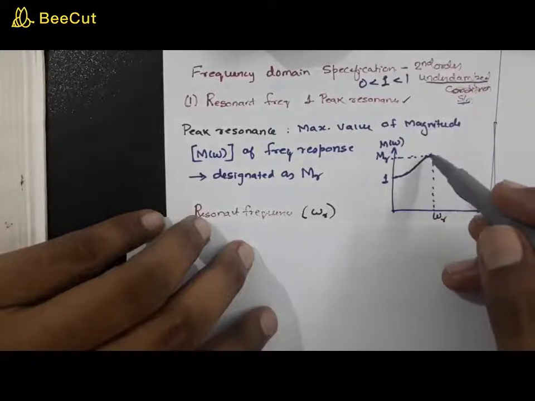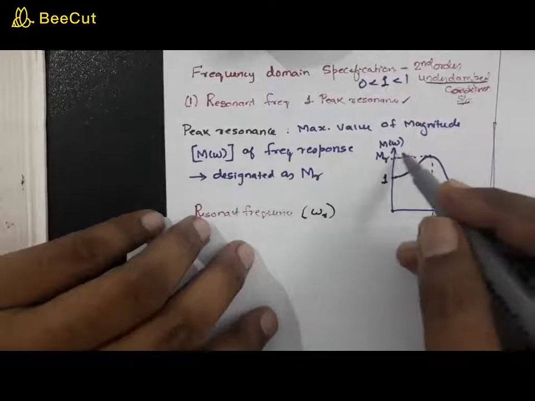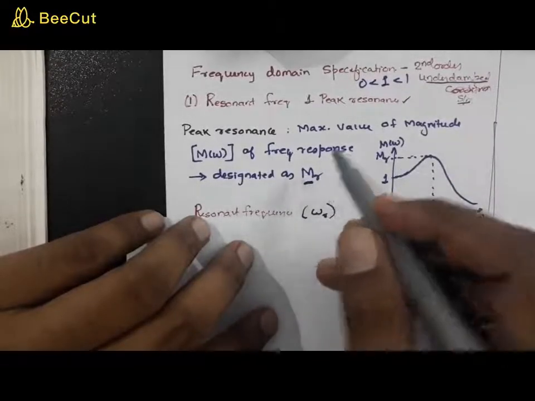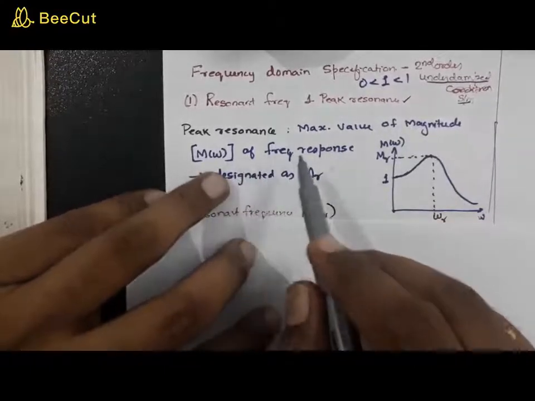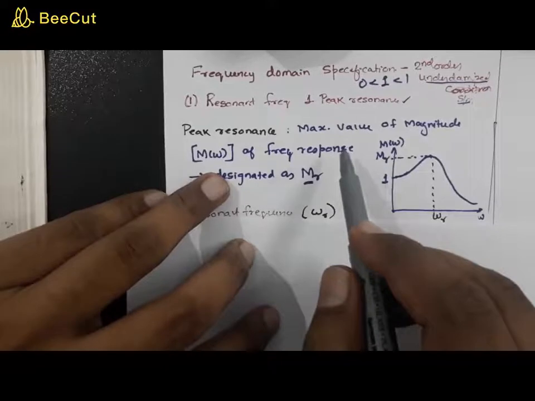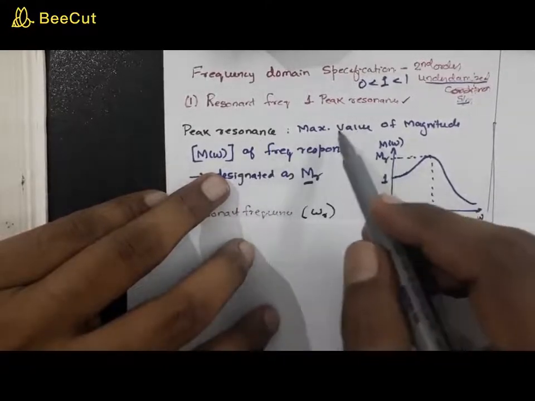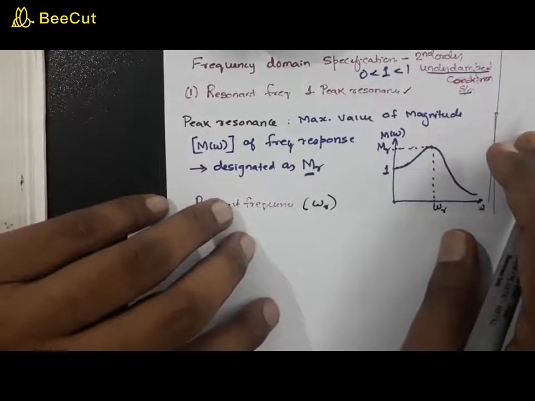So the maximum value is referred to as the peak resonance and is designated by the letter M suffix r, and it is given by the maximum value of the magnitude of the frequency response. It is called the peak response.